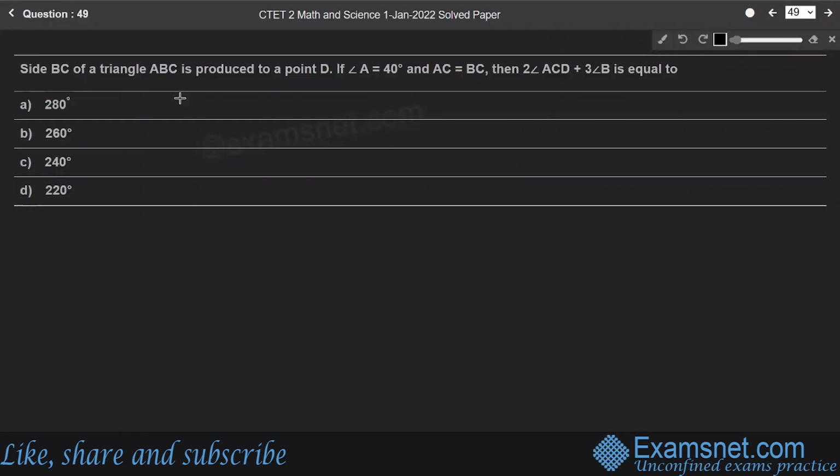Question number 49. Side BC of a triangle ABC is produced to a point D. If angle A is equal to 40 degrees, AC is equal to BC, then 2 times angle ACD plus 3 times angle B is equal to. Let us consider a triangle ABC.